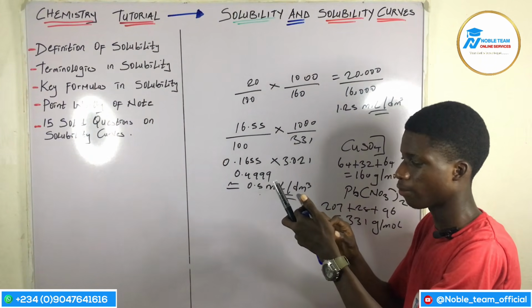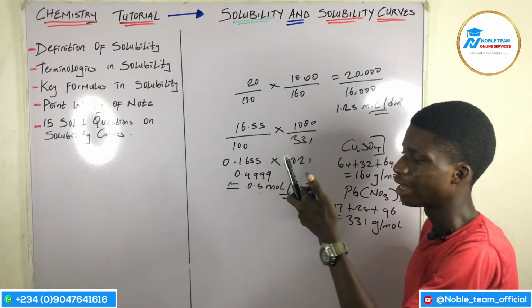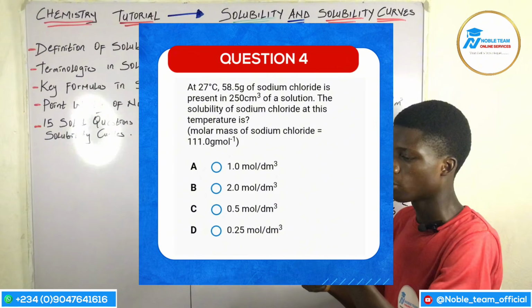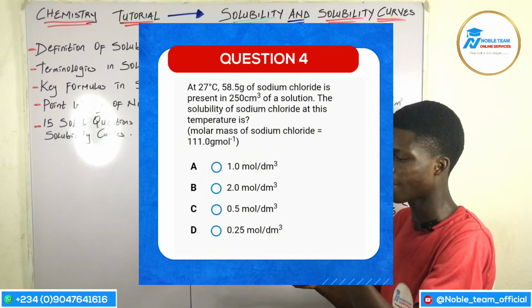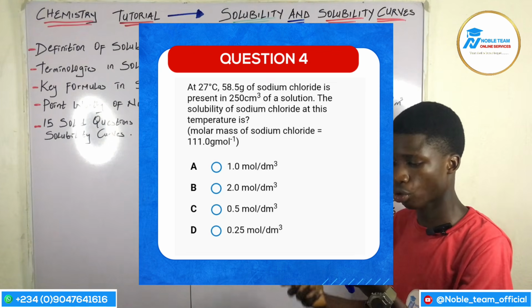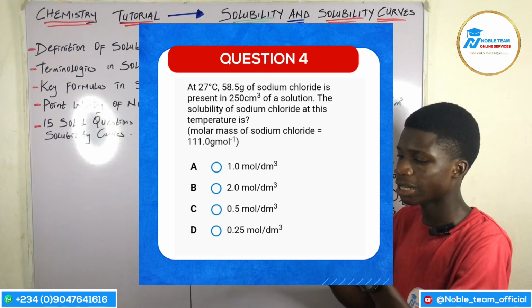Now the next one I want us to look into is question 4. Question 4 says at 27 degrees Celsius we have 58.5 gram of sodium chloride, which is a salt, present in 250 centimeter cube of solution.